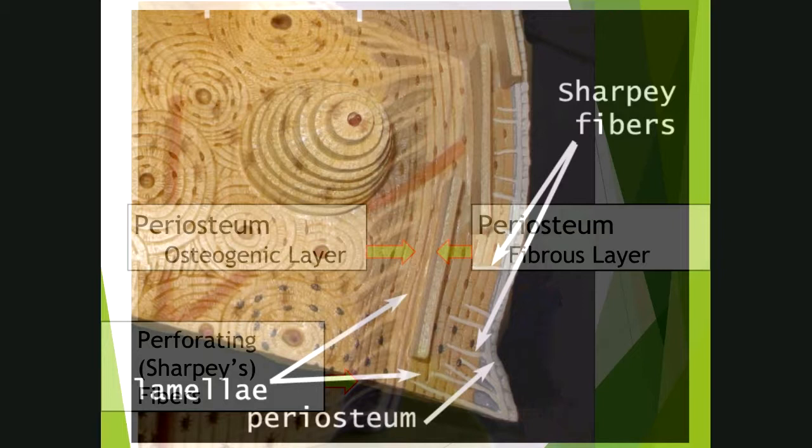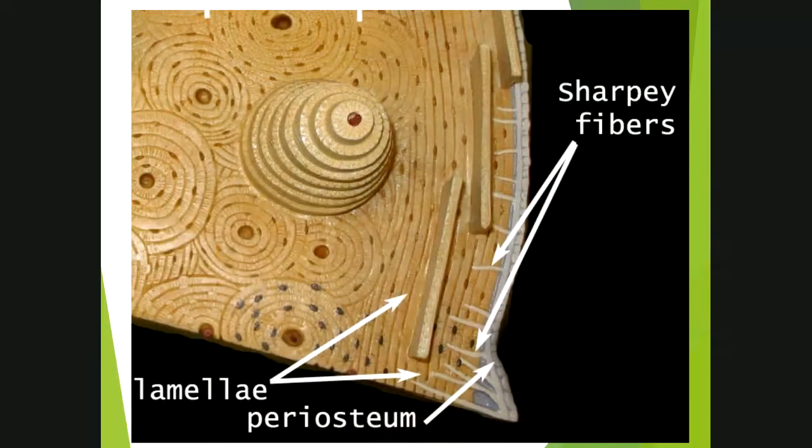If you look at it from the top, you can still see two layers. There's one right there and one right there. So this one is the osteogenic because it's the one closest to the bone. This one is the fibrous. It's the outer one. And then here you can see these perforating fibers holding it on.